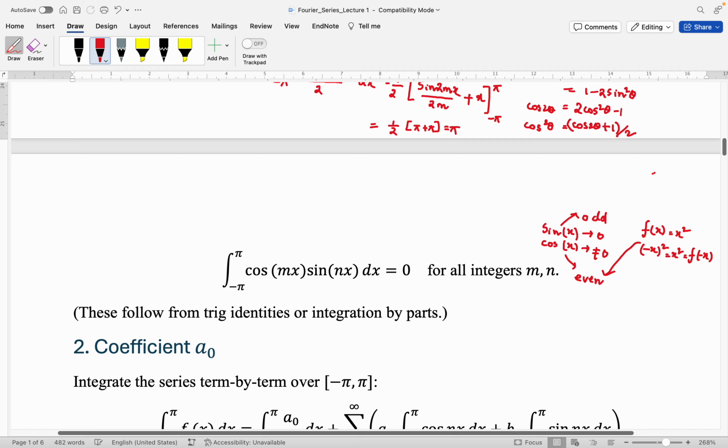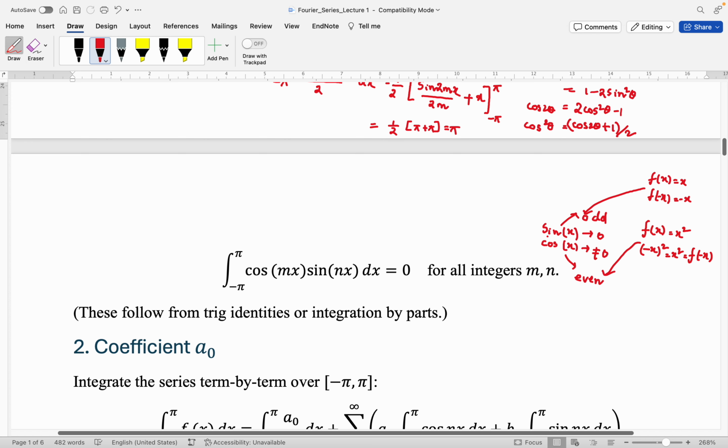On the other hand, if you take f of x equal to x, and you take f of minus x, it is minus x. So f of x and f of minus x are not equal. So this is an odd function, and this is how odd functions are defined.